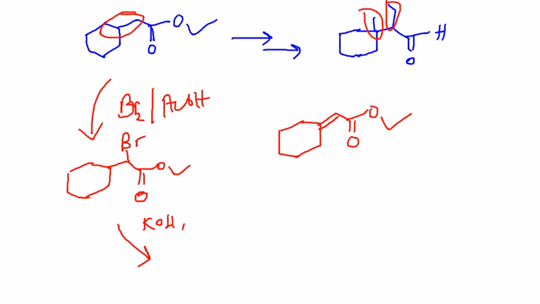I would keep ethanol so that it transesterifies even if there's hydrolysis that goes on. So that's what I would use for the solvent. Otherwise the ester will go through hydrolysis for that step. You have the double bond.